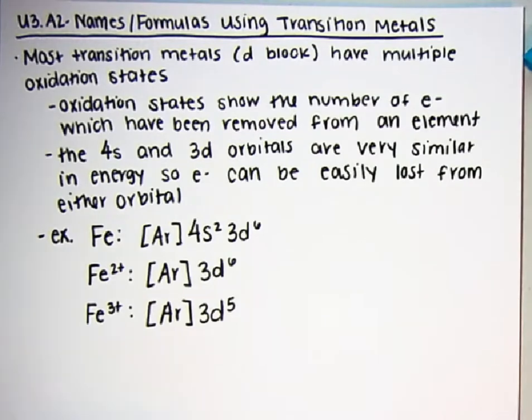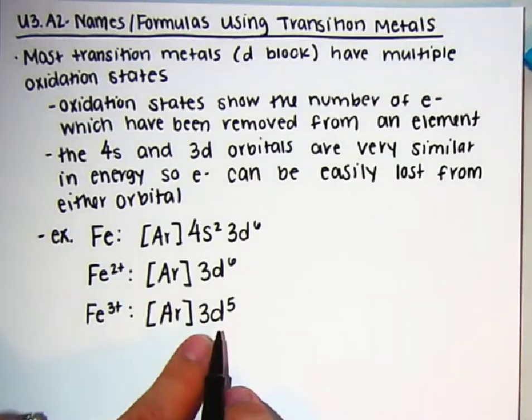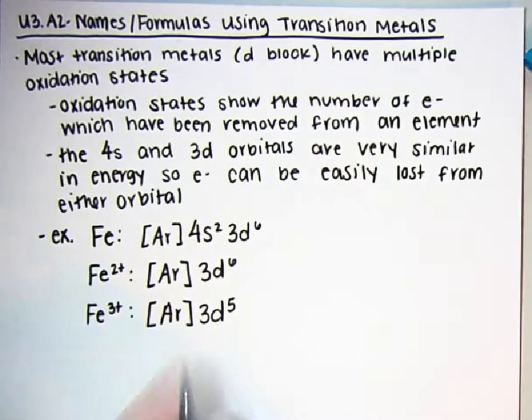If orbitals are half full or completely full, that is more stable. A d orbital could hold up to 10 electrons. If it is half filled, that is a more stable configuration. So iron can also lose another electron, and then its electron configuration would be argon 3d5.